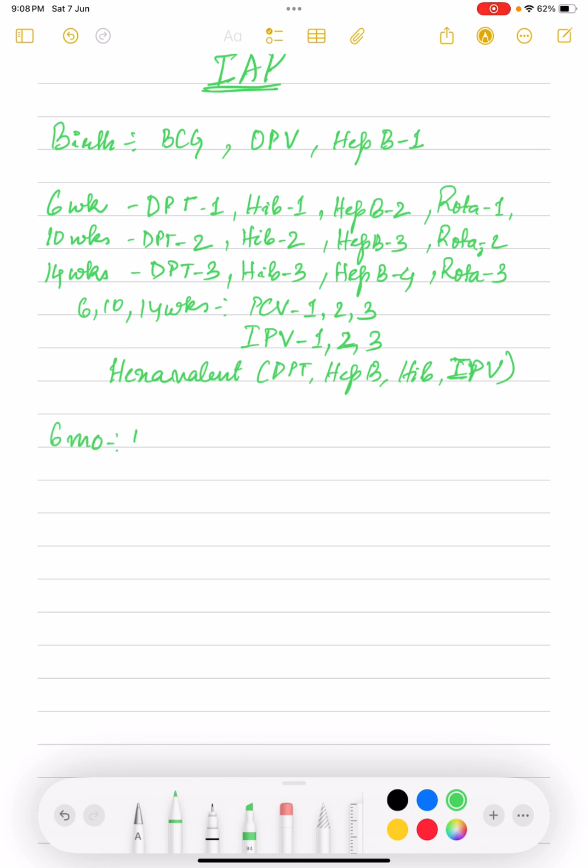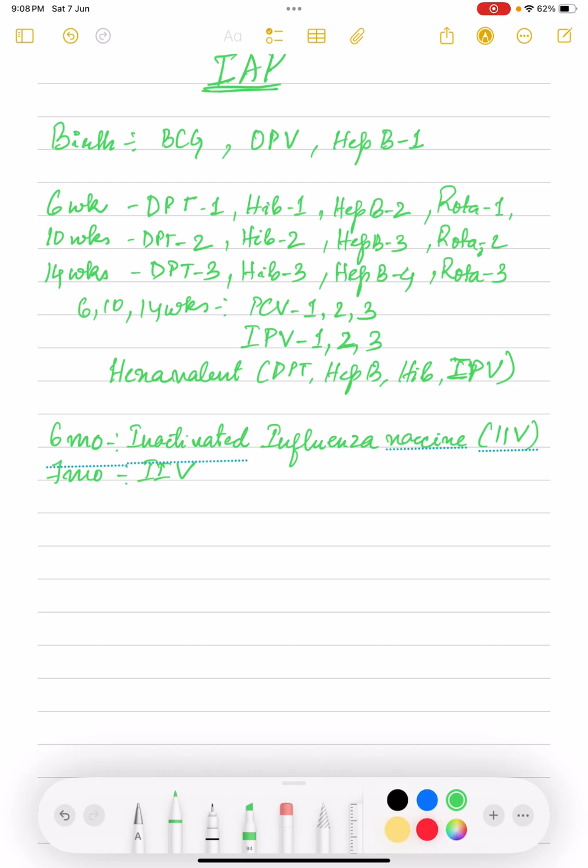Now next we come to 6 months. In 6 months we have the inactivated influenza vaccine. Short form is IIV. Now at 7 months, 1 month apart, we have the second dose of influenza vaccine. Now the influenza vaccine is first given at 6 months, then 1 month apart, that is at 7 months.